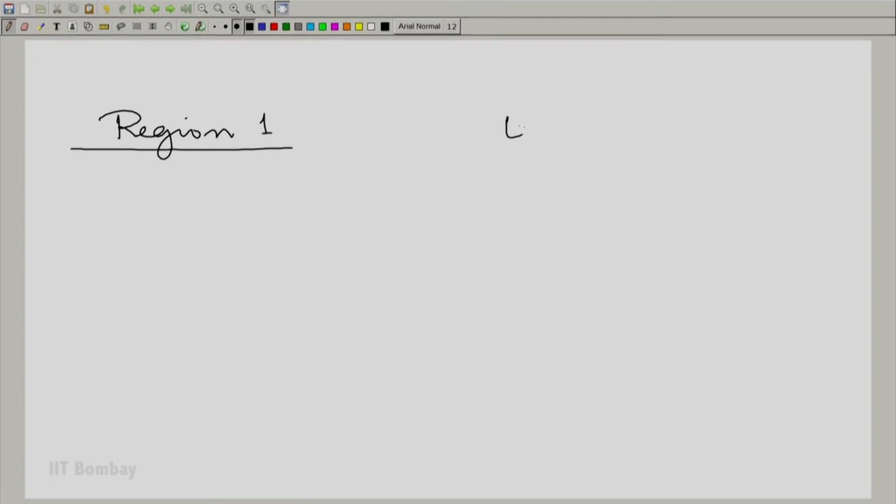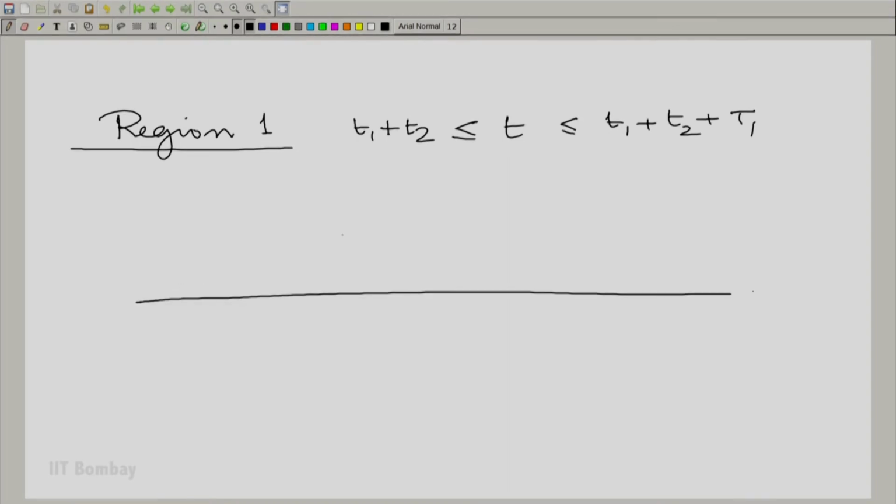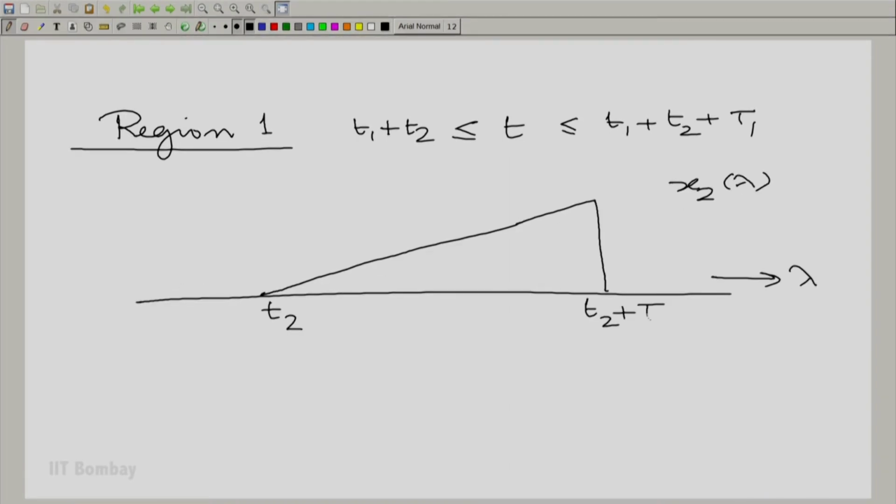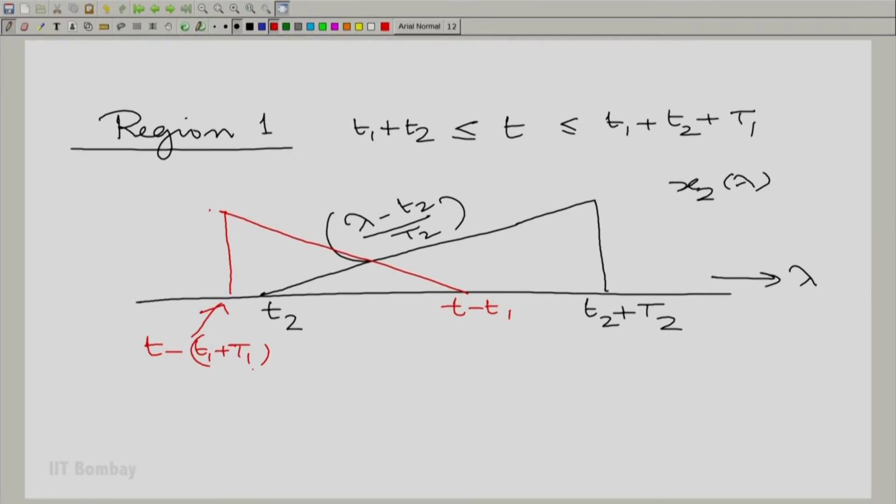T is greater than or equal to T1 plus T2, but less than or equal to T1 plus T2 plus capital T1. And in that region, you essentially have the train not quite having entered the platform. So, I will draw the platform and the train in different colors here. I will superpose them. The region of overlap, let us mark that in green, and let us calculate the product.